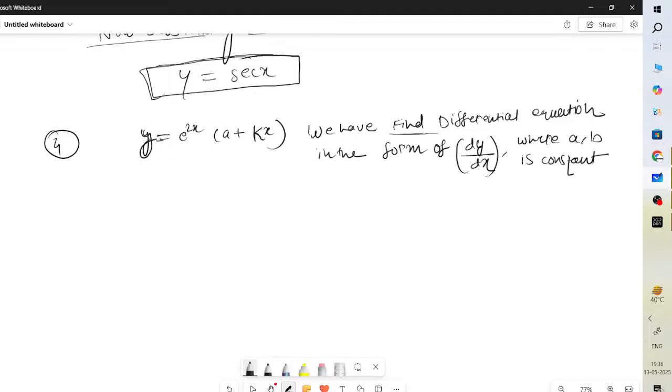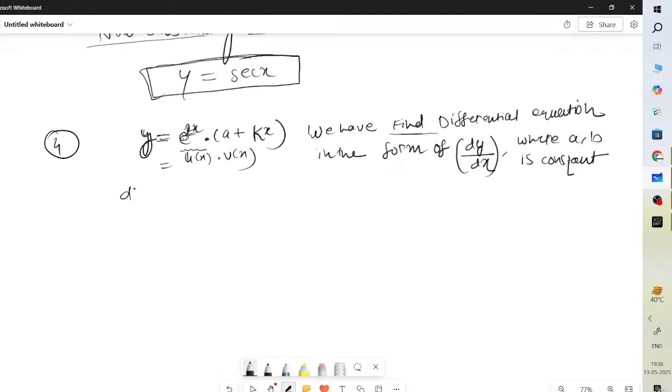So you noted this function, what type of form is this question taking? It is u(x) into v(x) type, and we know the differentiation of such a thing.